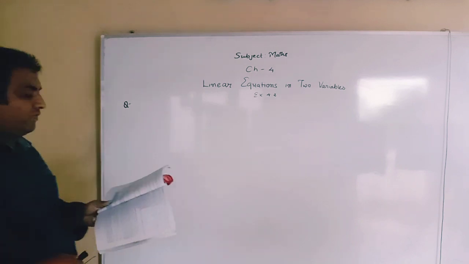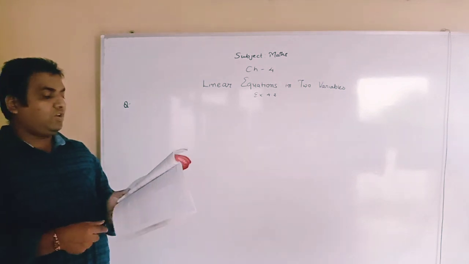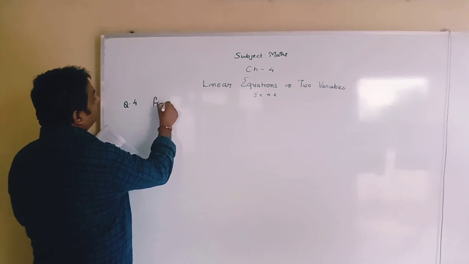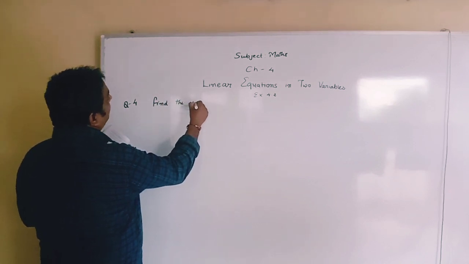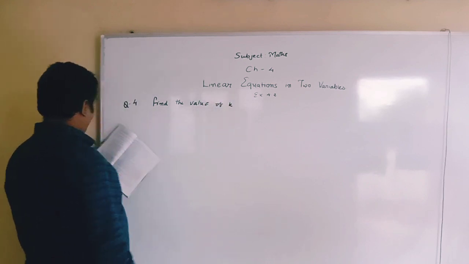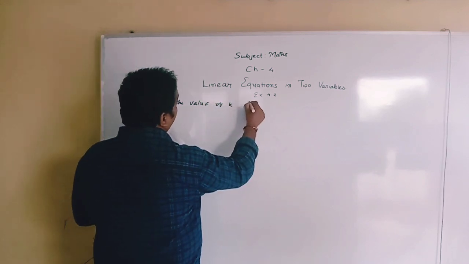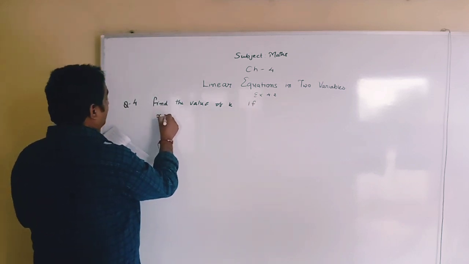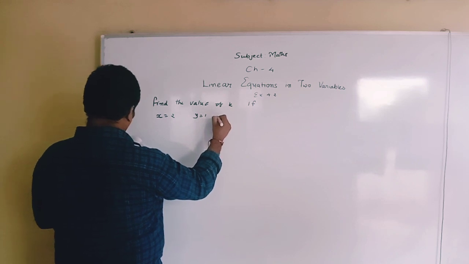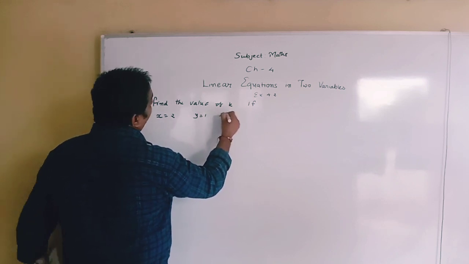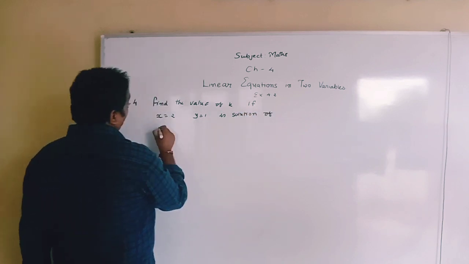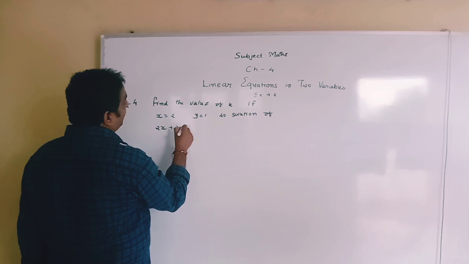Question number 4: find the value of k if x equals 2 and y equals 1 is a solution of 2x plus 3y equals k.